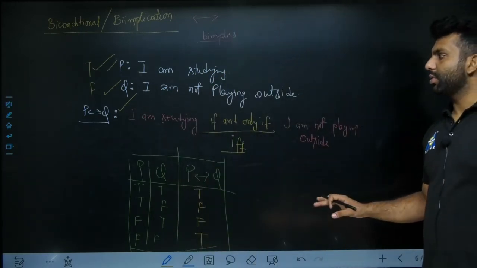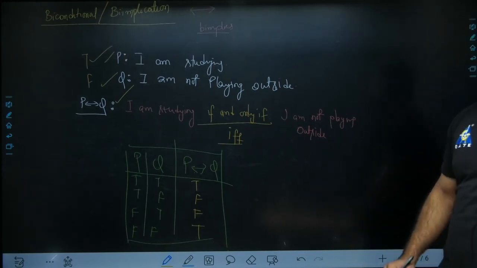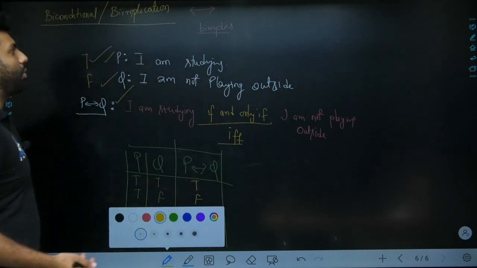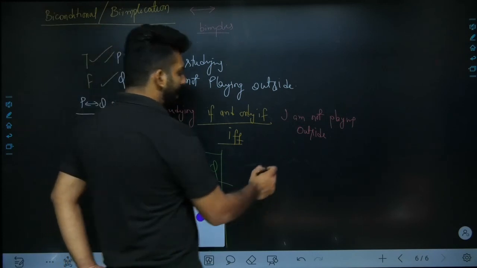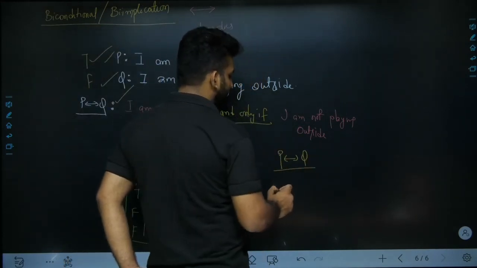How does this thing work? Bi-implication. If I talk about the expression for this one, in terms of basic operators, P bi-implies Q can also be written like this.